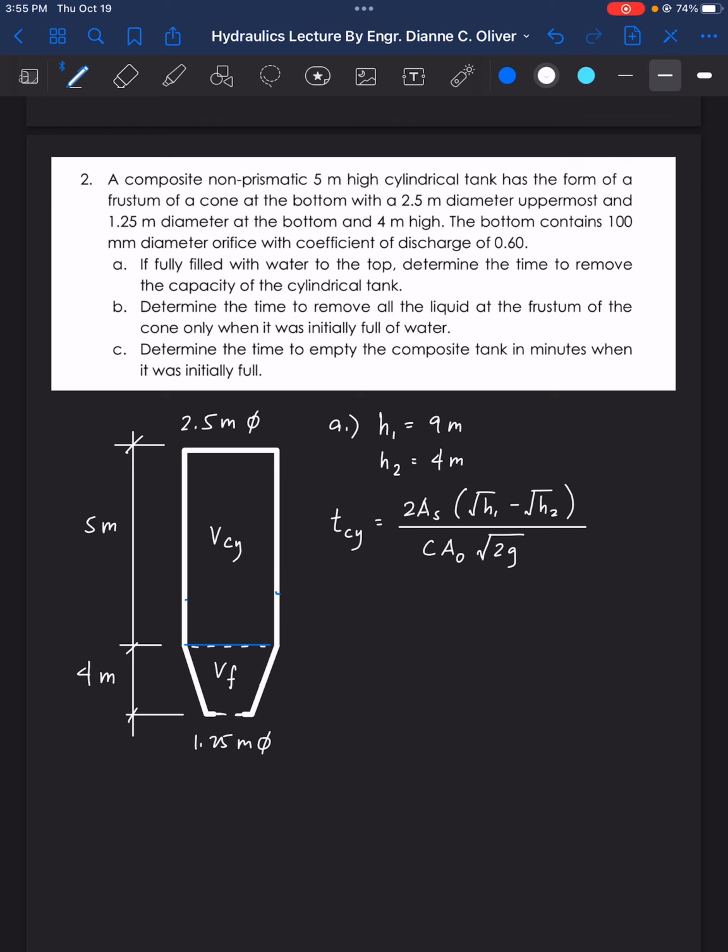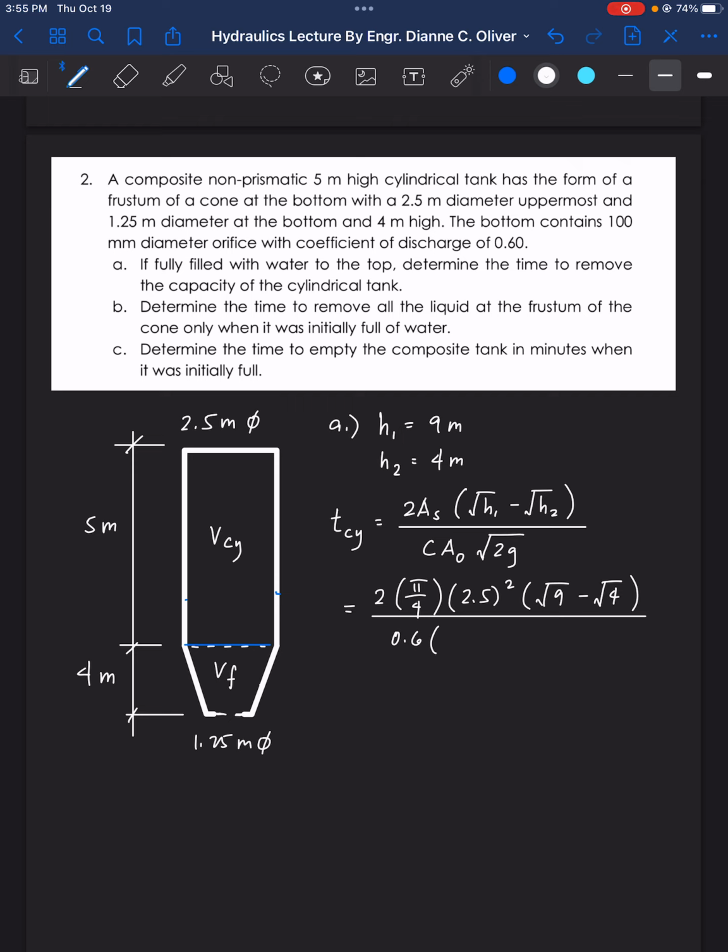So our surface area is pi over 4. Our diameter is 2.5 squared times the square root of 9 minus the square root of 4 all over 0.6 times the area of the orifice.